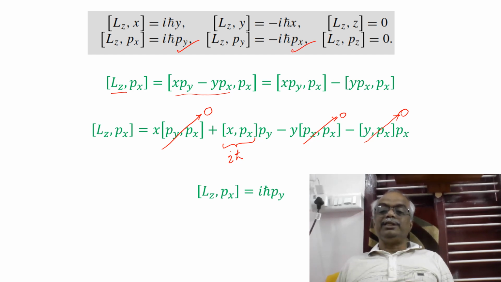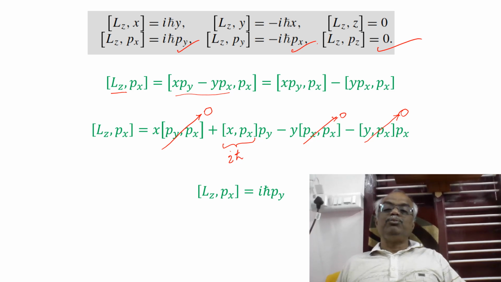And the third one, you are taking the z component of the angular momentum and the z component of the linear momentum. Both will naturally commute. So you can easily say this is zero. This one is zero, the third one. So we have completed part A. We will move on to the next part B.